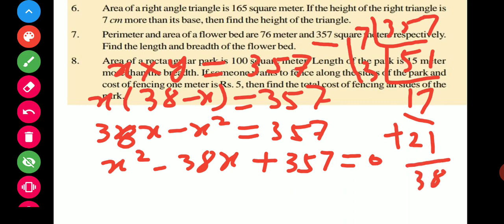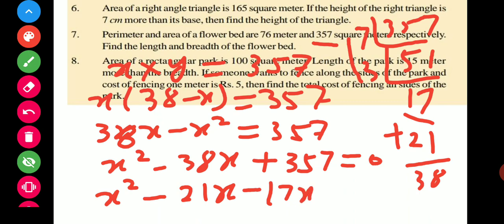So you can factor this one. So it becomes x square minus 21x minus 17x plus 357 equal to 0.